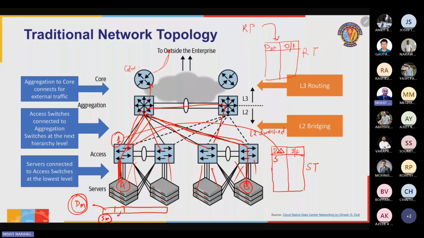It will say destination MAC address SM can be reached via interface A. Let's call these three interfaces A, B, and C. It's learned. When the access switch sends the traffic to the aggregation switch, the aggregation switch will also learn that source MAC address SM is reachable via the interface through which the packet arrived into the switch.